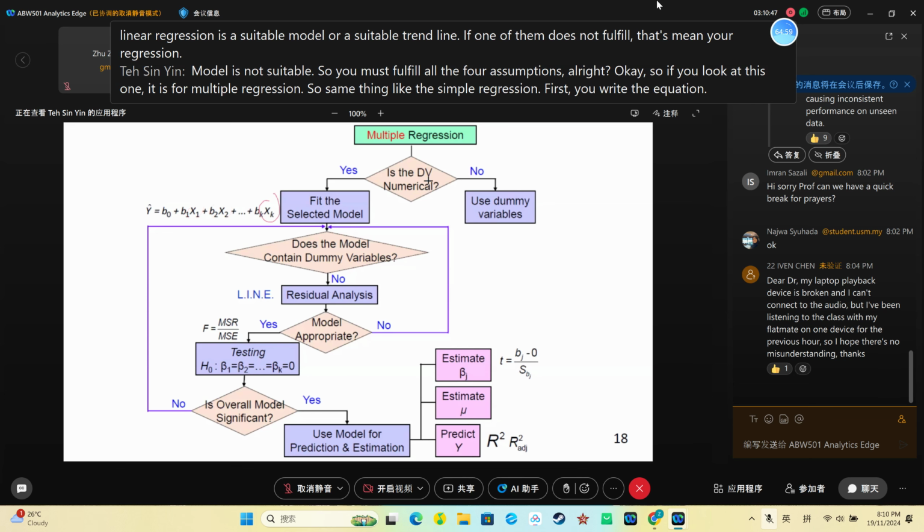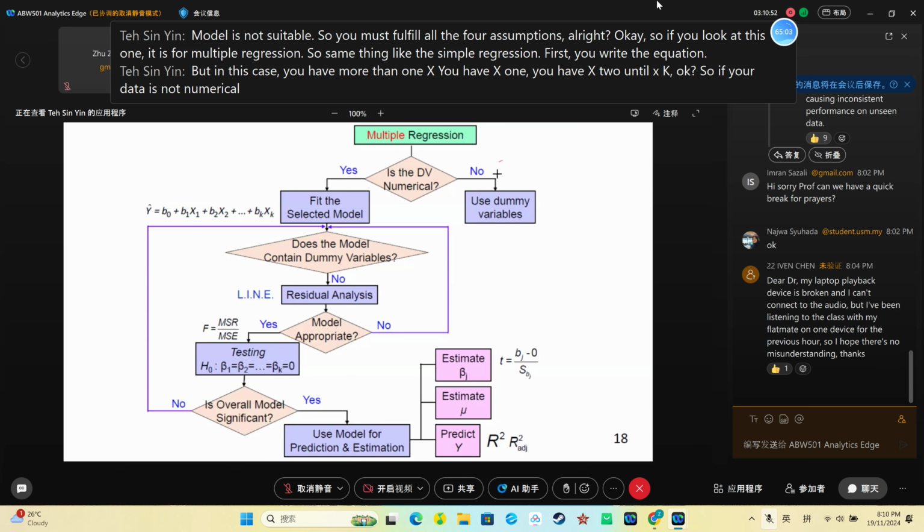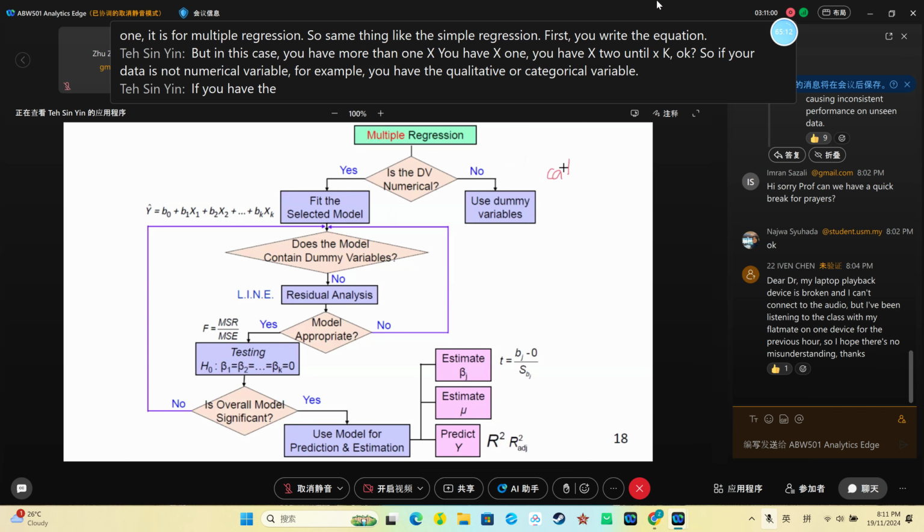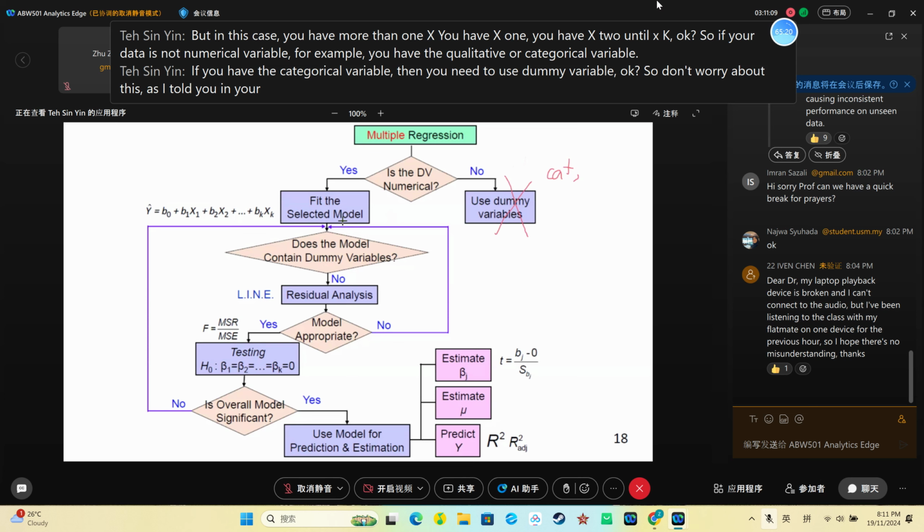Okay, so if your data is not a numerical variable, for example, you have a qualitative or categorical variable, then you need to use a dummy variable. Okay, so don't worry about this. As I told you in your syllabus, you are more focused on the quantitative variable.